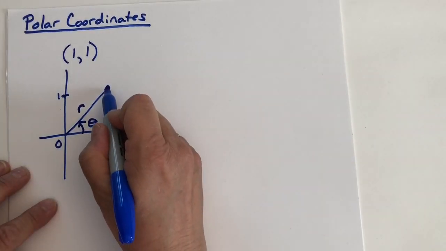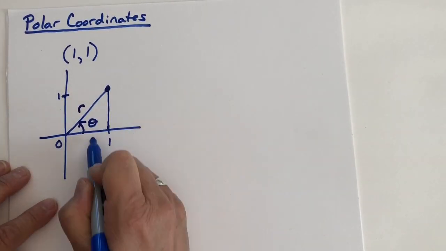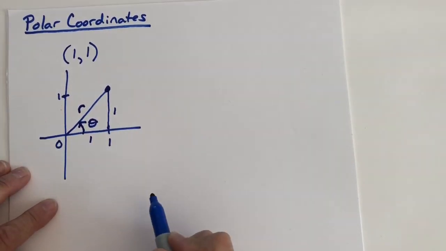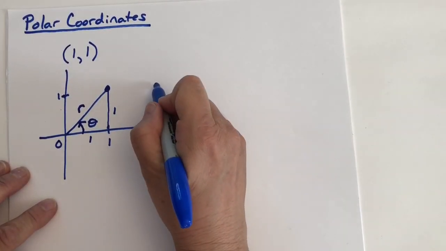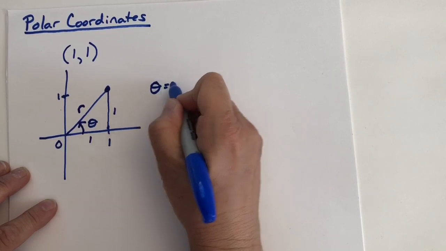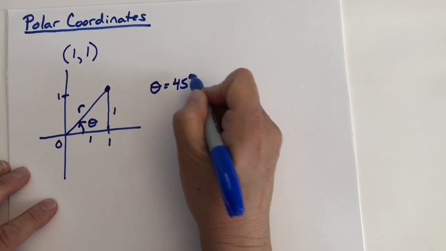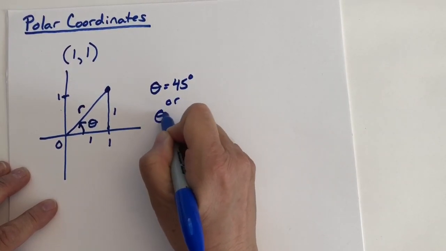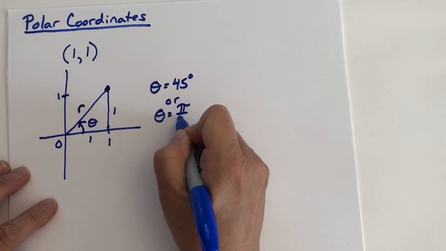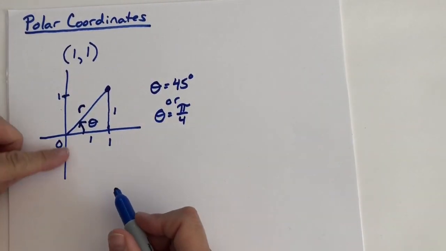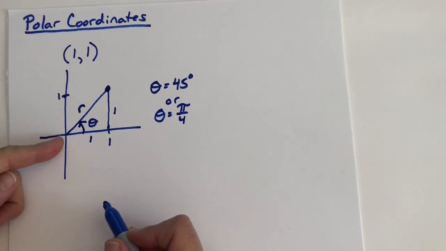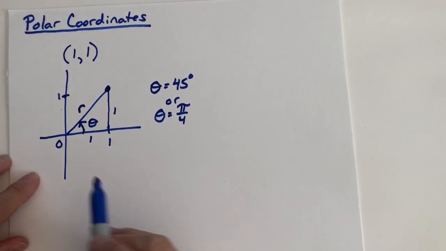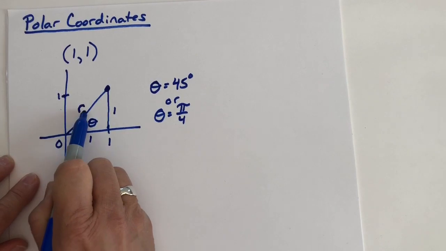So for this particular problem, if this is 1 and this is 1, we know, looking at that triangle, that theta would equal 45 degrees or pi over 4. So we could describe this point by saying first to turn in the direction pi over 4 or 45 degrees and then travel that length.